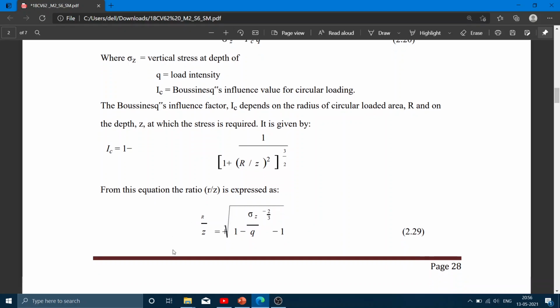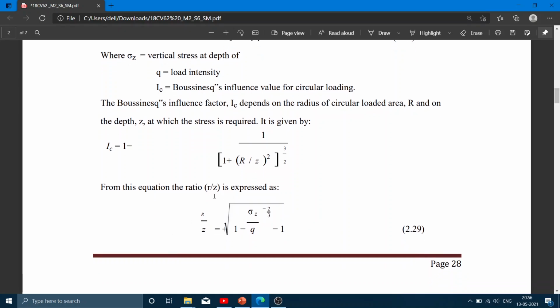From this equation, the ratio r by z is expressed as r by z is equal to root of ((sigma z by q) to the power of minus 2 by 3 minus 1), where the bracket is (1 minus sigma z by q) raised to minus 2 by 3 minus 1.